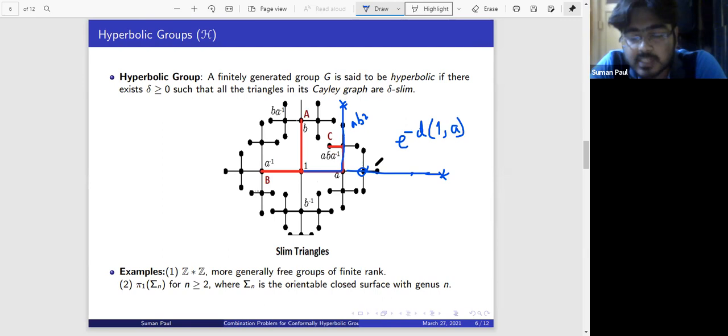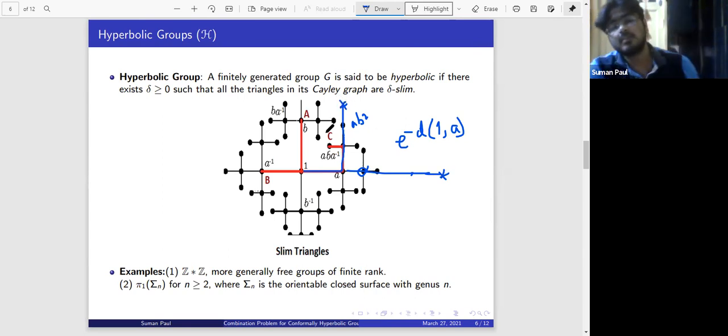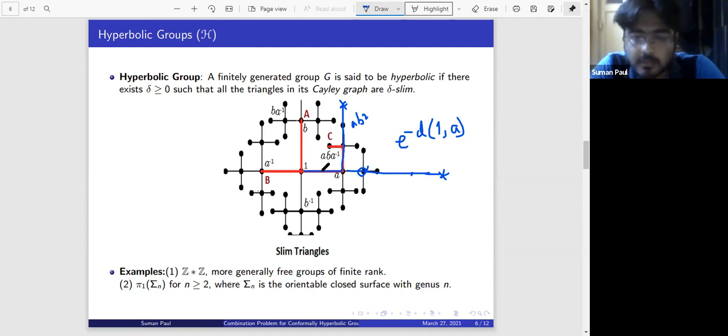So basically what it says is that these two geodesic rays are parted away from a, this vertex. So we say the distance between these two boundary points is e to the power minus of this distance in the Cayley graph.